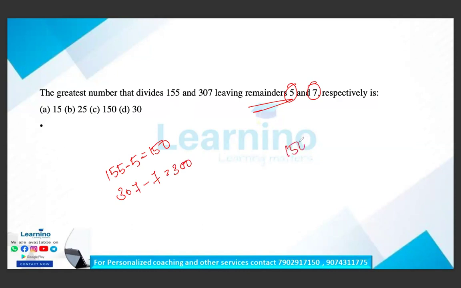And taking the HCF of 150 and 300, we will get the answer of this question. HCF of 150 and 300 is 150. So option C will be the answer.